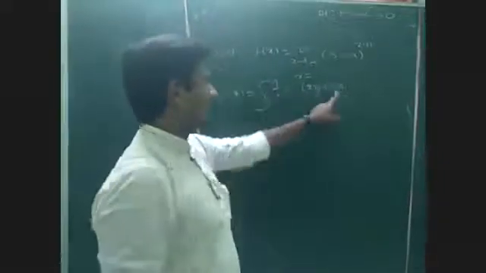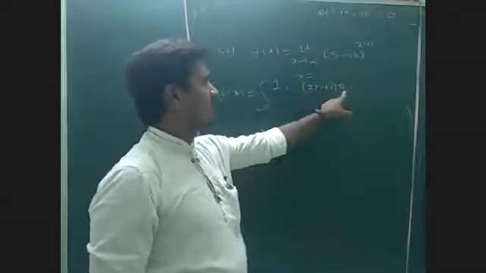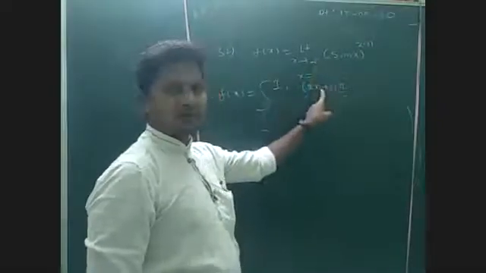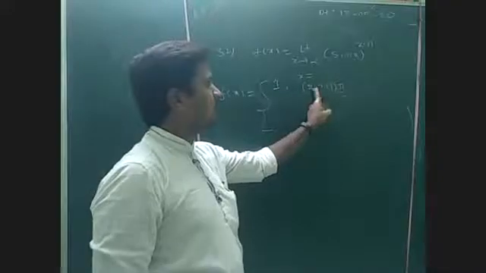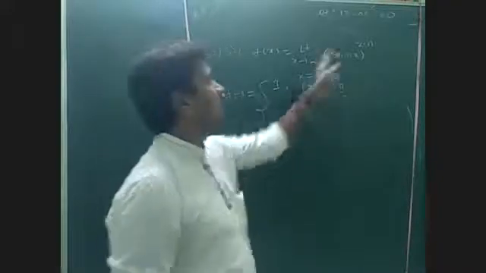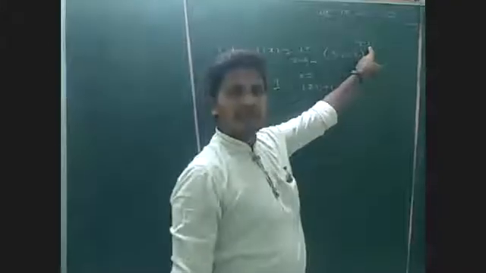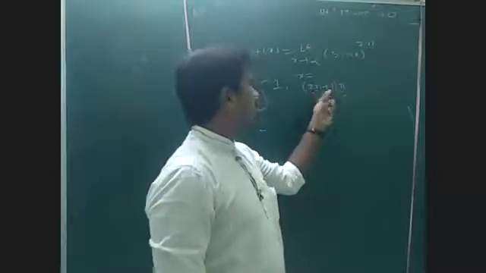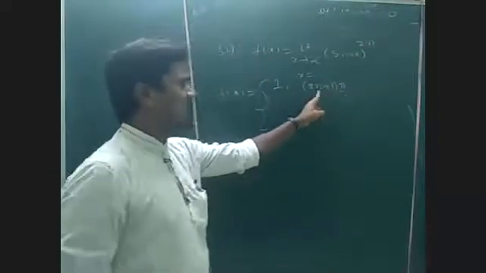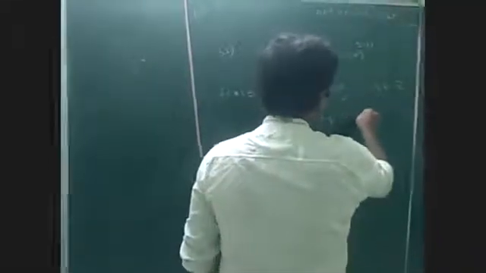For n equal to 0, it is 90, it is 1. For n equal to 1, it is 3 pi by 2, 270, minus 1 over even power gives 1. So n belongs to integers, and x should not equal this (2n plus 1) pi by 2.